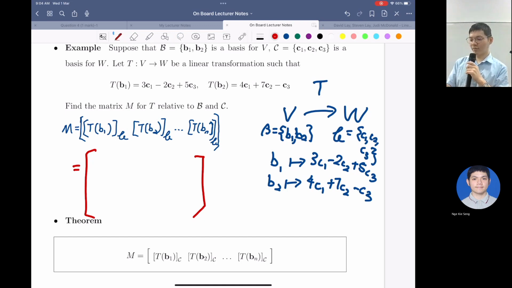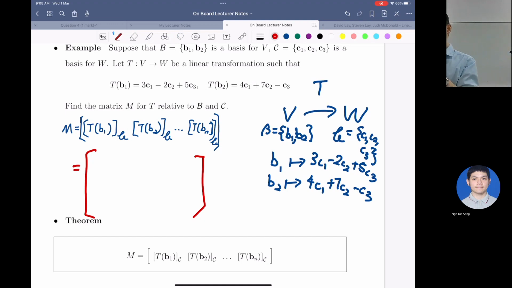This is a map from what dimensional vector space to what dimensional vector space? This linear transformation goes from 2 to 3.